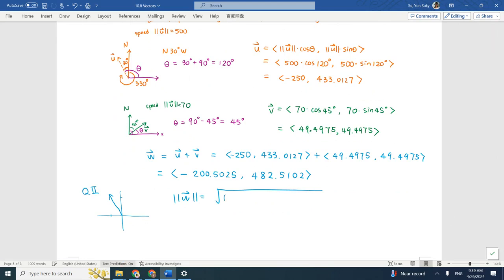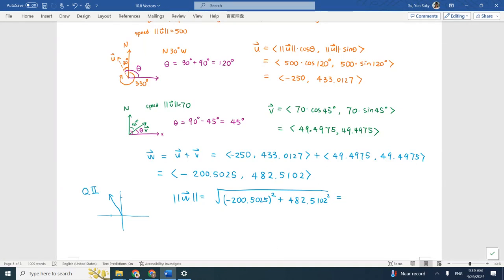Square root of the first component squared plus the second component squared. Give me 4 decimal places.